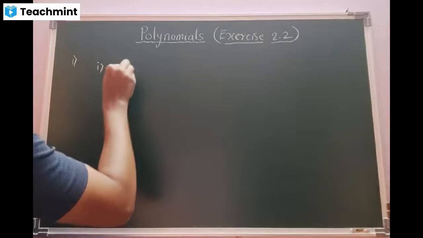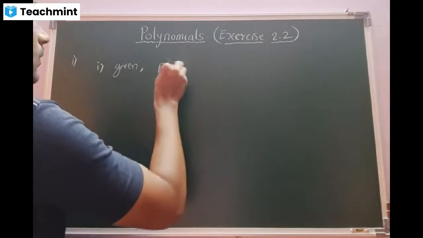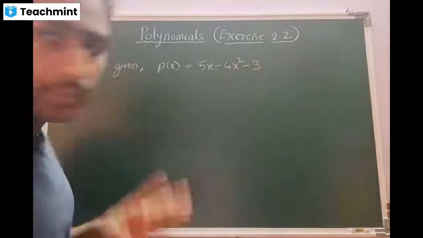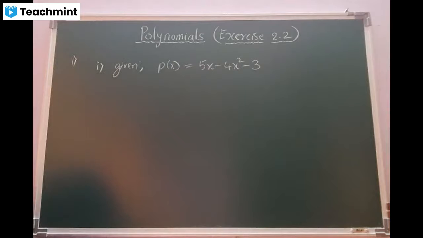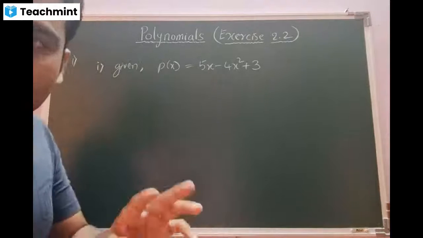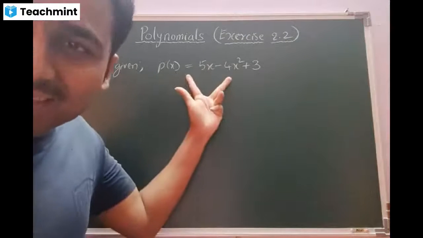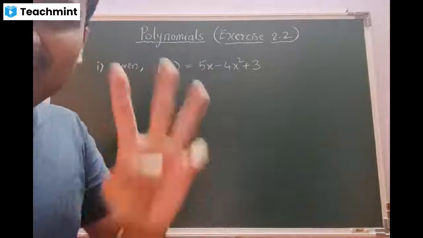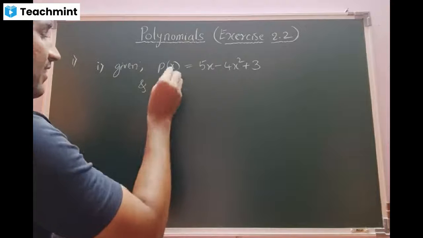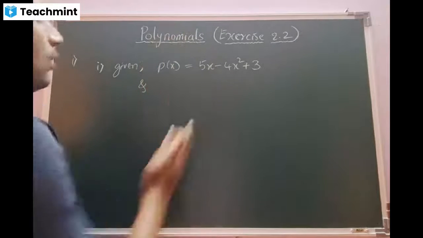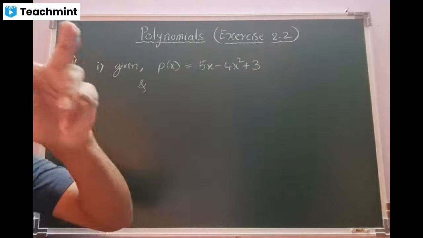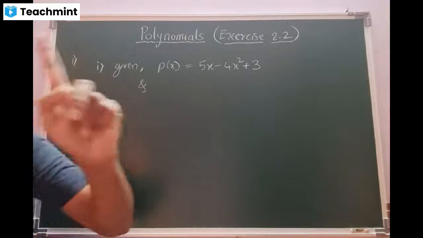Find the value of the polynomial 5x minus 4x squared plus 3 at x equals 0, x equals minus 1, x equals 2.